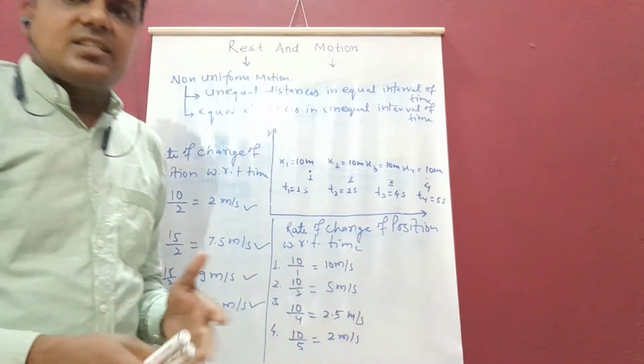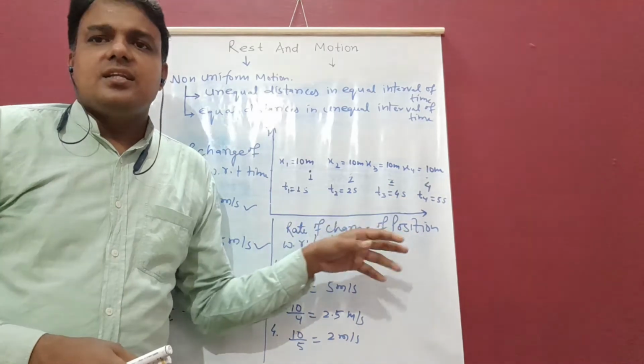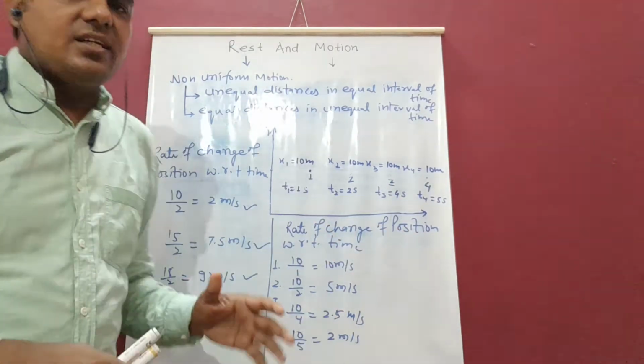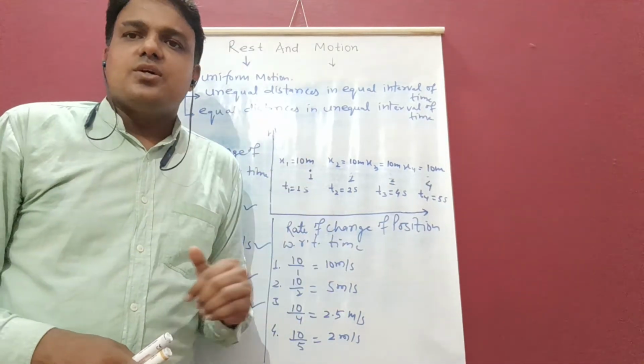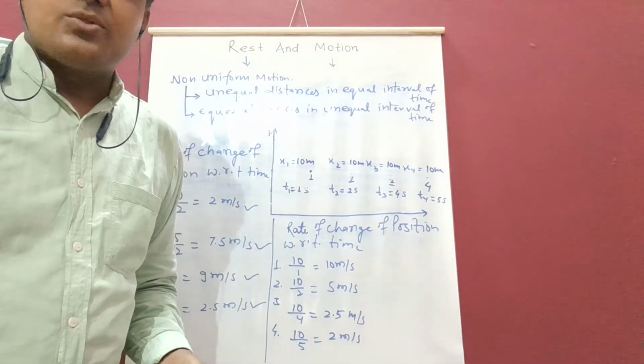These factors affect your motion. So that's why in practical cases, generally the motion is of non-uniform type when you move from one place to another.